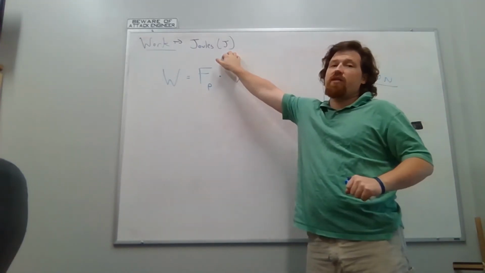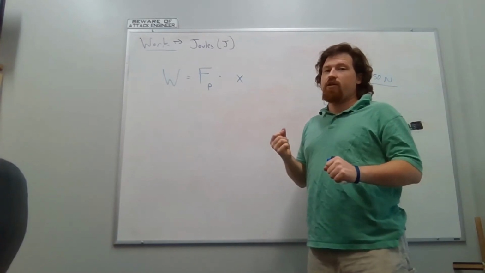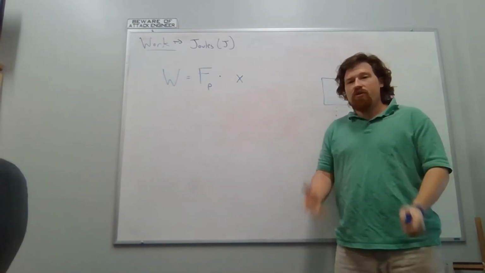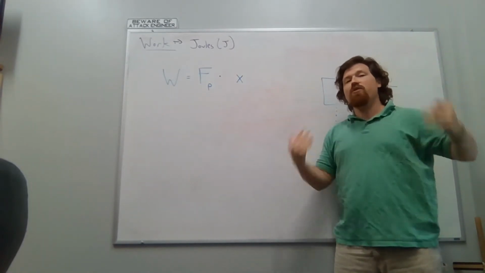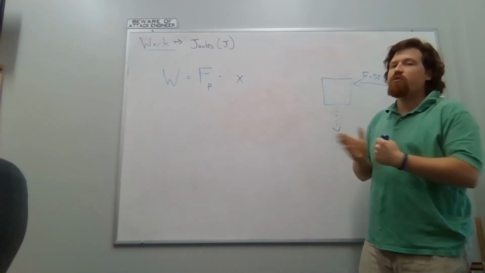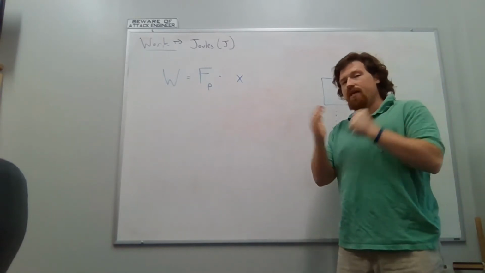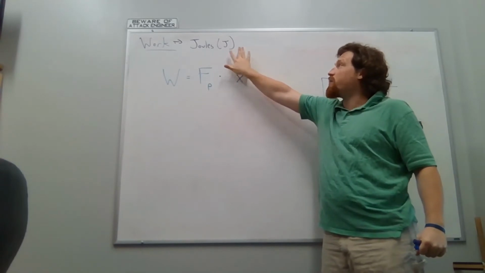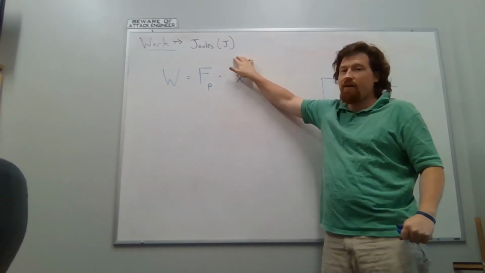Joules is the metric unit for energy, because when you do work, you are using up energy. When you lift that heavy object, you have used up the energy in your muscles. So when you do work, you are using energy. That's why the unit of work is the same as the unit for energy.